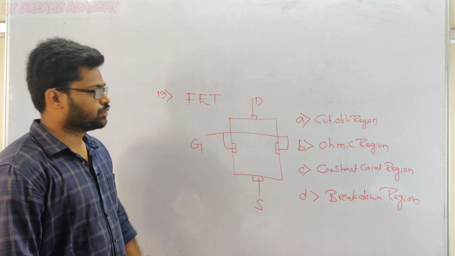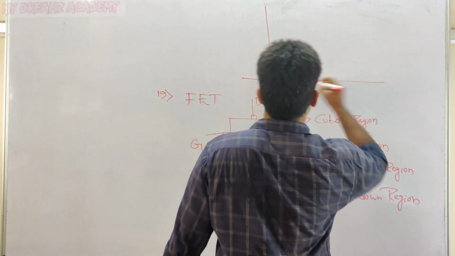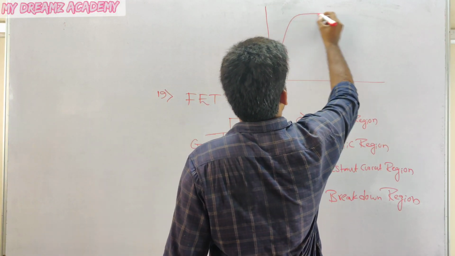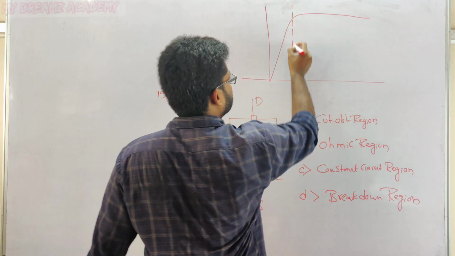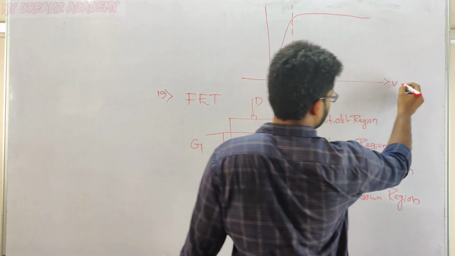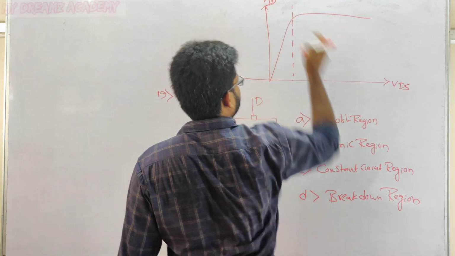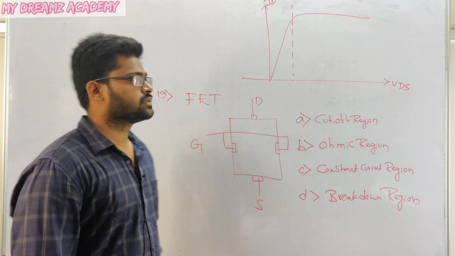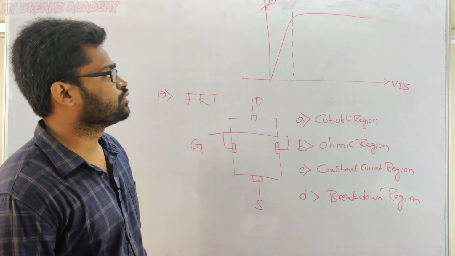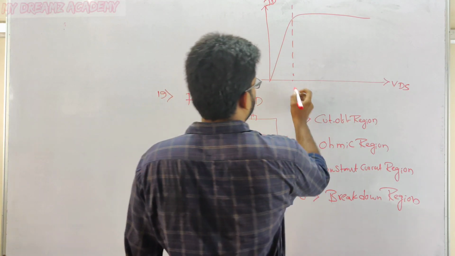If you want to know this one, we have to draw the graph. So it will be like this. This is the voltage VD, and this is current ID. FET is a voltage controlled device with high input impedance.